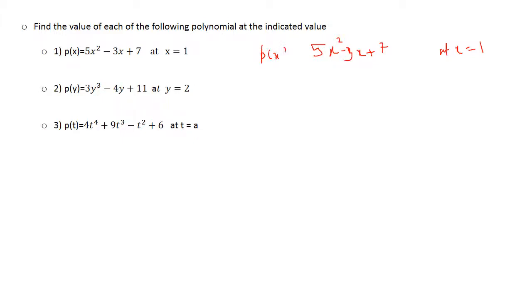We can get the value easily by substituting x equal to 1. In place of x we put 1, and P(1) becomes 5 into 1 square minus 3 into 1 plus 7. That is nothing but 5 minus 3 plus 7, which equals 9. So the answer is 9.